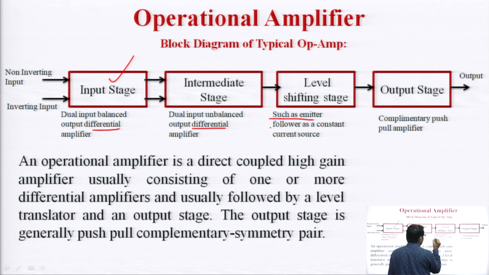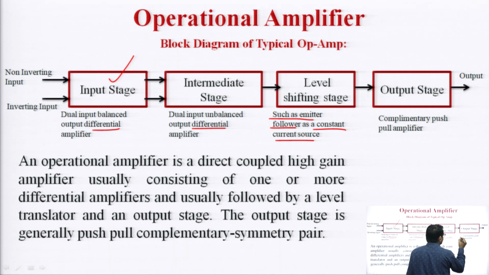Here the emitter follower acts as a level shifter with a constant current source. We provide a current mirror circuit to the emitter follower. We define the emitter follower with a constant current source. And the last one, the output stage, is a complementary push pull amplifier.